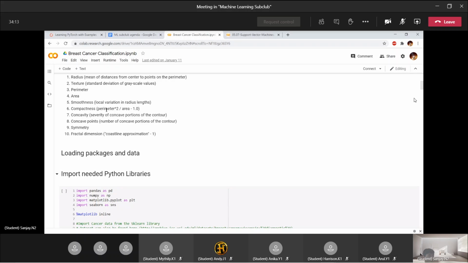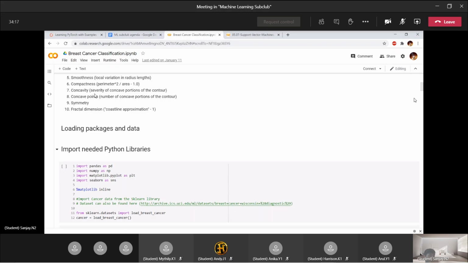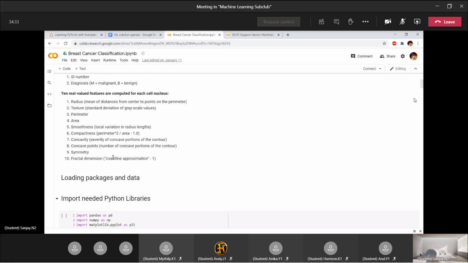Compactness, which is defined as the perimeter squared over the area minus 1. The concavity and the concave points, which is basically how sloping the surface of the tumor is. This next is the symmetry, and lastly is this sort of fractal dimension, which I'm not quite sure what it is, but I'm sure it has some sort of clinical meaning.